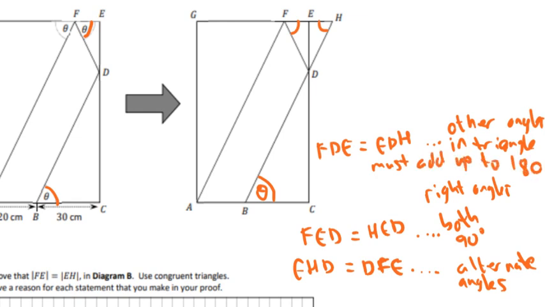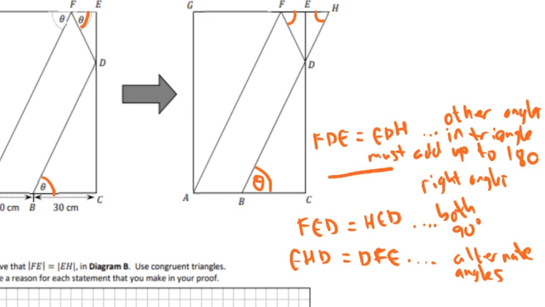Yeah, so I could have probably laid it out a little bit more clearly, but that's generally what we're saying anyway. So that proves that all angles in it are equal.